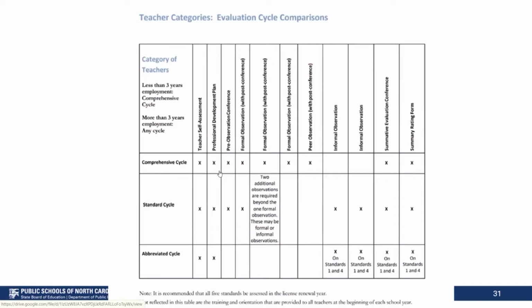So for the comprehensive cycle, you can look at all the X's to see what's required. The teacher must do a self-assessment. There's the PDP plan that must be done, the pre-observation conference, the formal observation with the post-observation conference, and so on across the page. So this is just a handy guide for you to know what's required for each of the cycles.